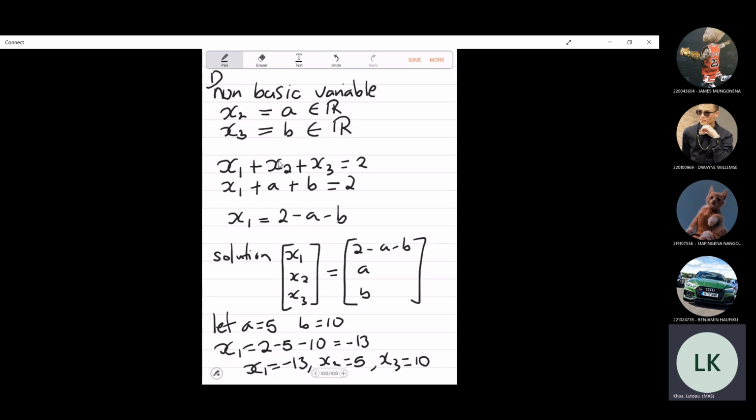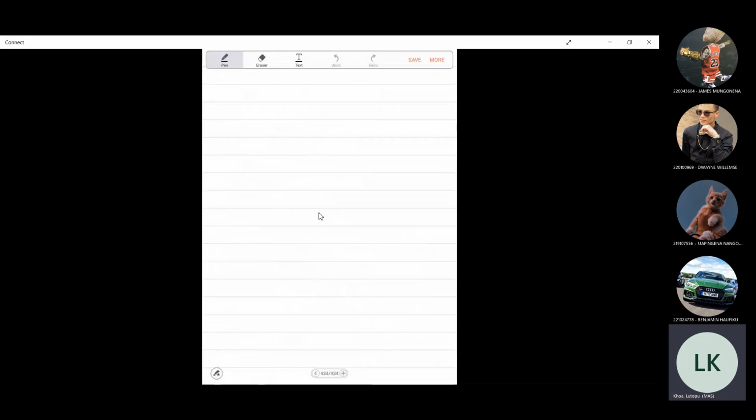And just so that everybody has a unique solution, we let the non-basic variables equal 0. So if A is equal to 0 and B is equal to 0, then our solution x1, x2, and x3 will be, for x1, we said it's 2 minus 0 is 2, and then we have 0, 0 like that.